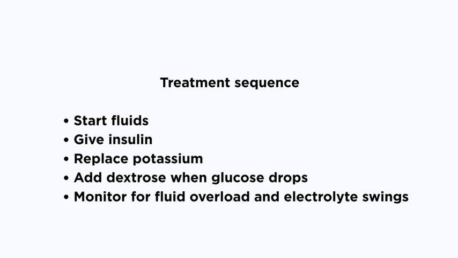Once the blood sugar normalizes around 200 or 250, depending on the hospital policy, they start adding dextrose in their fluid. So remember isotonic solution earlier, normal saline. Now you're going to add dextrose. And the reason why you want to add dextrose is you don't want to drive that glucose down very, very quickly. And then during the process, you really monitor fluid balance and electrolytes.